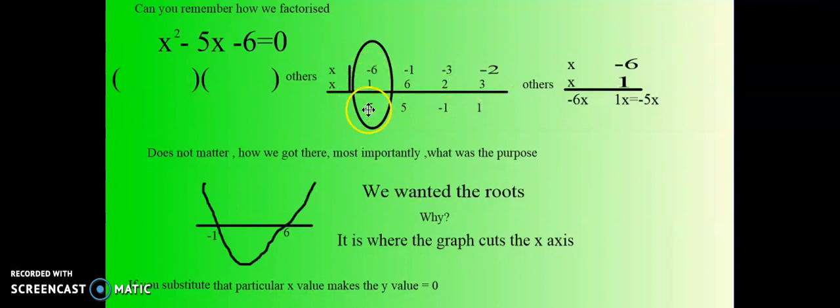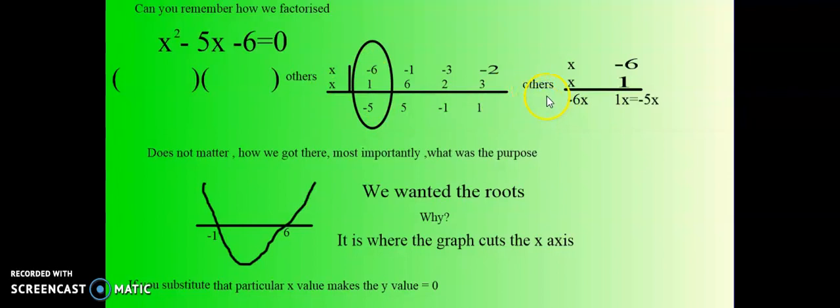So we added to get the result. We get negative 5, positive 5, negative 1, positive 1. But the one we are looking for is negative 5. So negative 5 is obtained by taking minus 6 and positive 1. So the factors will be x minus 6 and x plus 1.